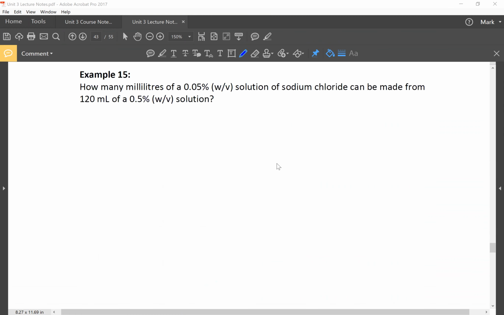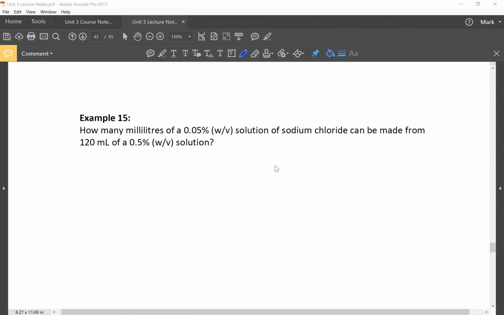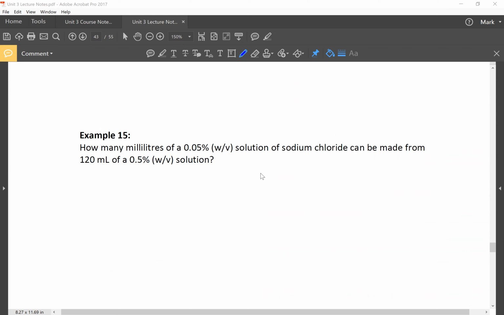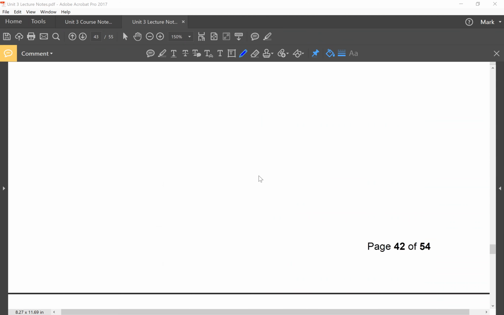And again, you guys should definitely practice these. They're all the same, basically. Oh, it gets a little different around 15. So let's look at 15 and 16.